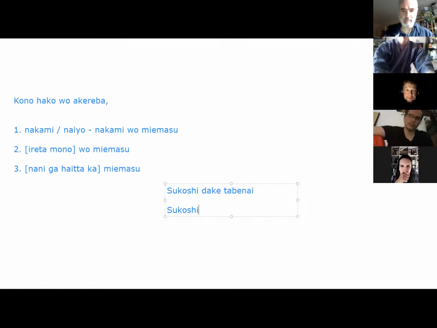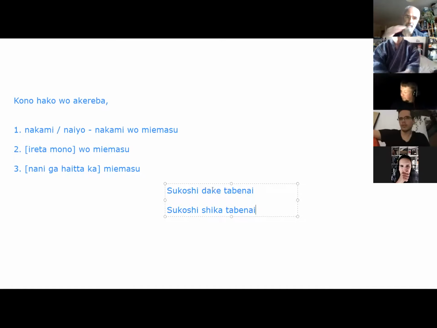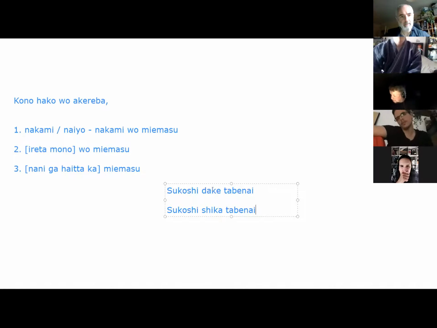You only use dake if it's in the positive. You say shika tabenai. So this shika means nothing more than. Dake means only, but in a positive sense. Shika means no more than. So if I don't eat no more than a little bit, then I won't lose weight. If this is a negative verb here, this must be shika. If this is a positive verb here, then you can say dake.